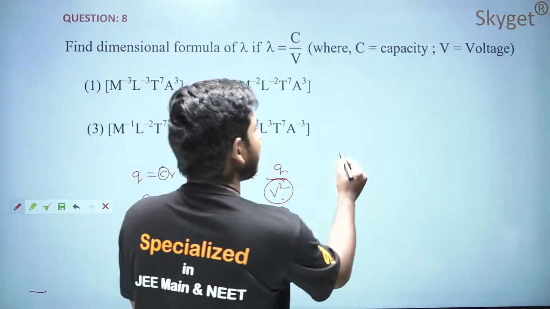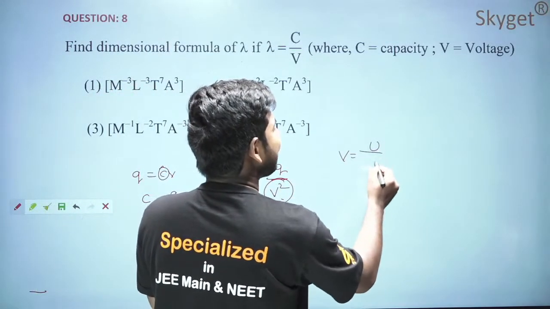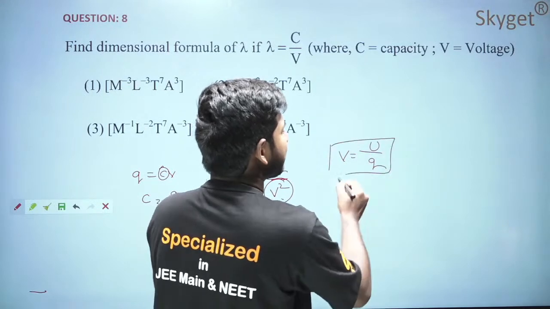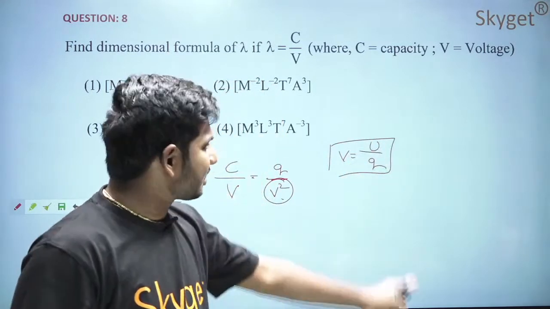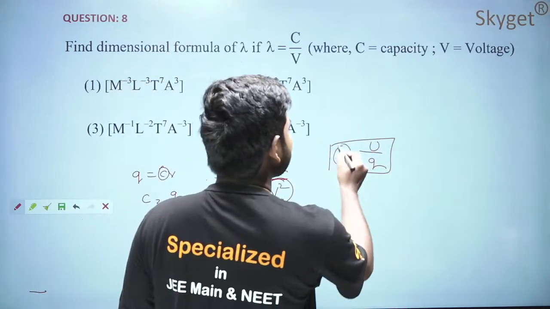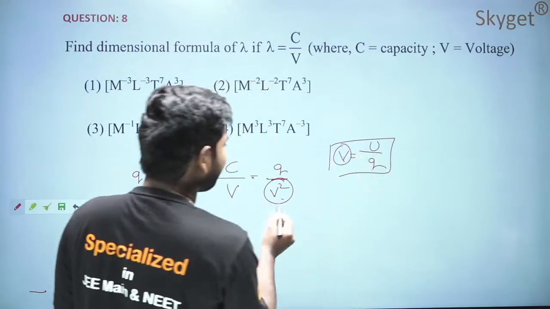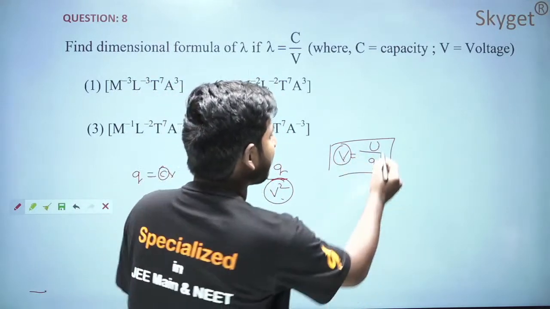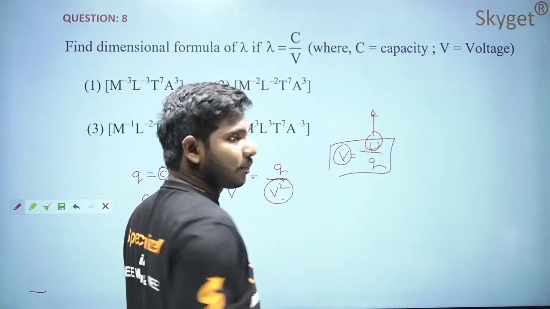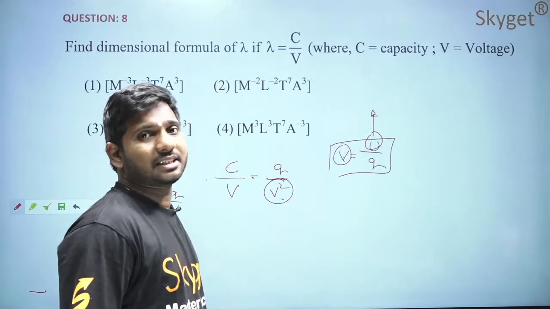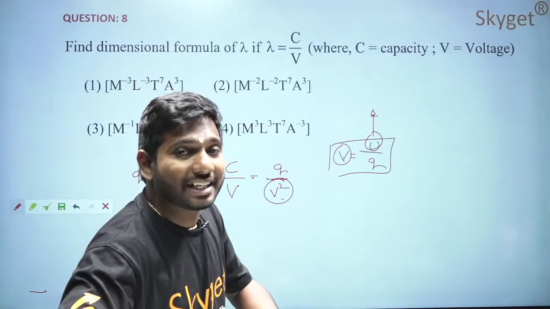What is the formula you know? Potential is equal to energy by Q, that means potential energy per unit charge is defined as potential. Can I substitute potential with U by Q? Why am I substituting U by Q? Because you know U is potential energy, which has the dimensions of energy, that is ML squared T power minus 2.